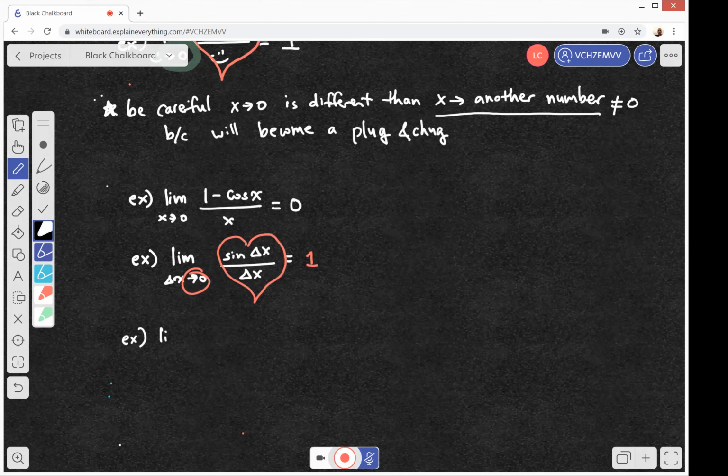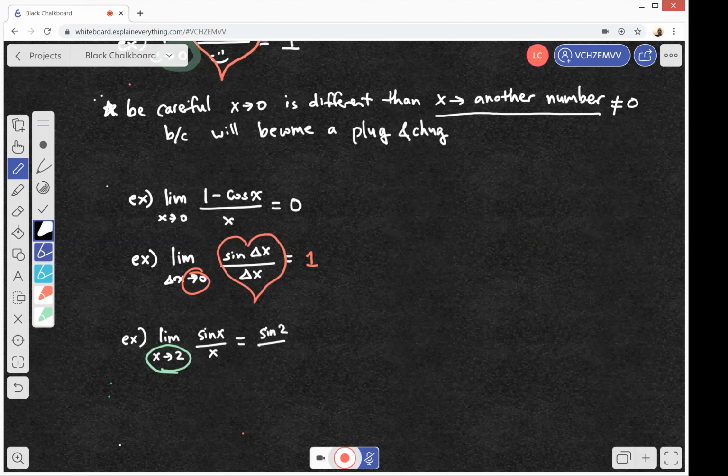Okay, next example. Limit of sine x over x as x approaches 2. Tricky question because you're seeing a match. However, we're not going to 0. This is not that match made in heaven because you're going to a different number. And so in this example, the answer is sine 2 over 2.